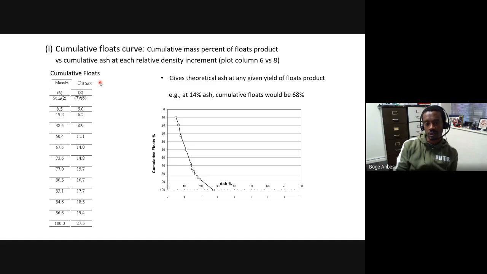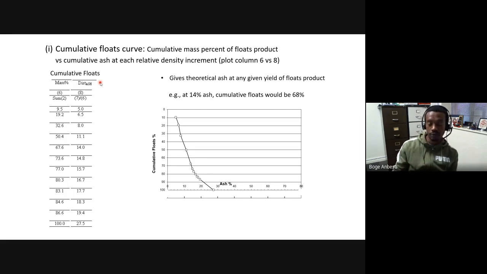Okay, so maybe the requirement is to produce a product that contains only 10% ash. So what we can do there is we can go back and say, okay, from our sink and float experiment or the test we have done, if we're targeting only 10% ash, how much coal are we losing into the tails?